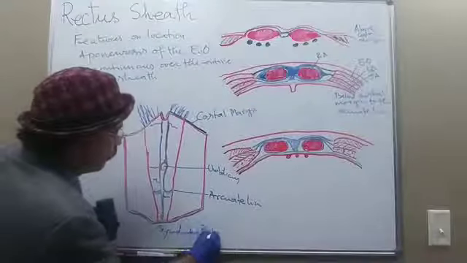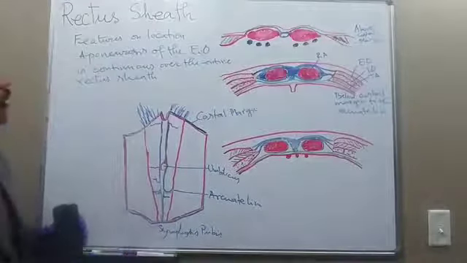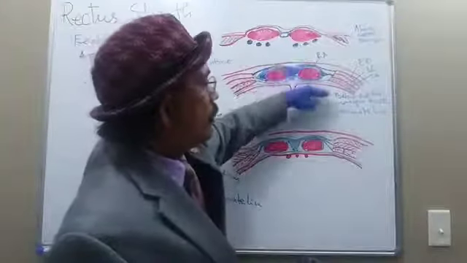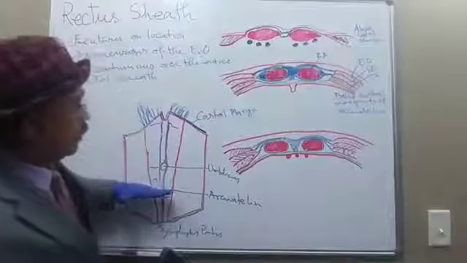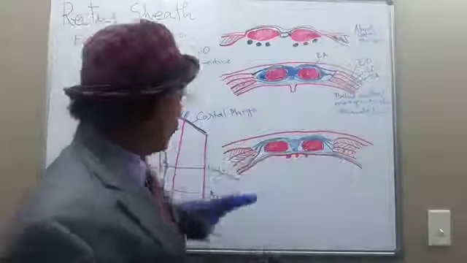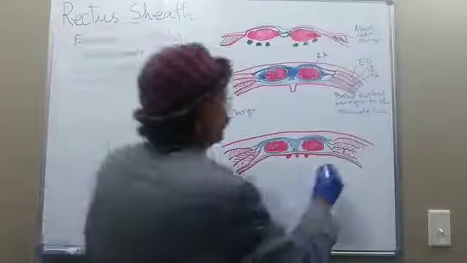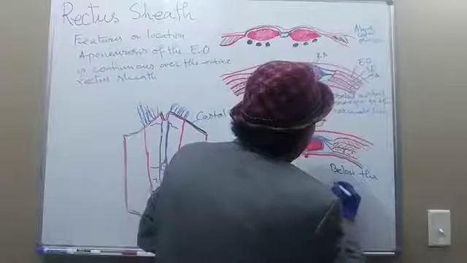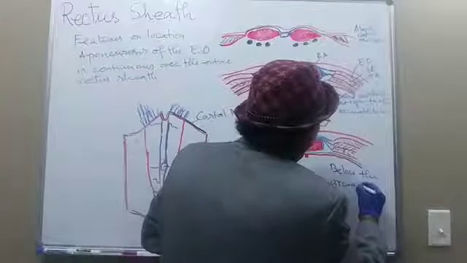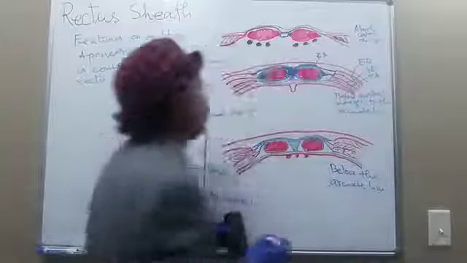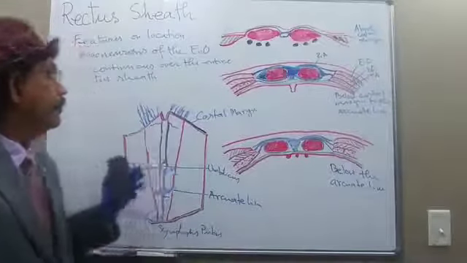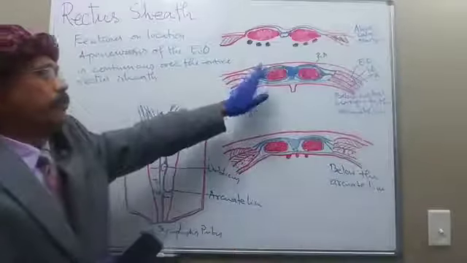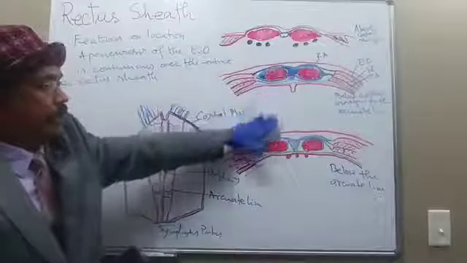Okay, we got the three types of features and the contributing aponeurosis here, there, and here.